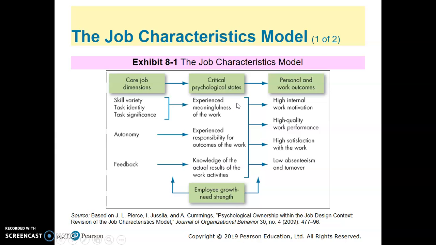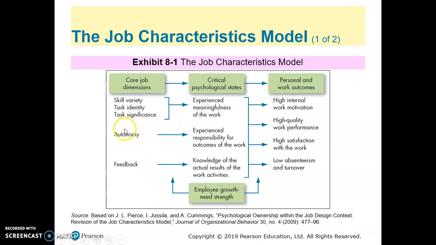Feeling of meaningfulness at work is one part of intrinsic motivation. So when the job consists of these 3 elements, employees will become more motivated because they have that kind of intrinsic motivation, experiencing meaningfulness. This can lead to high work motivation in effect.